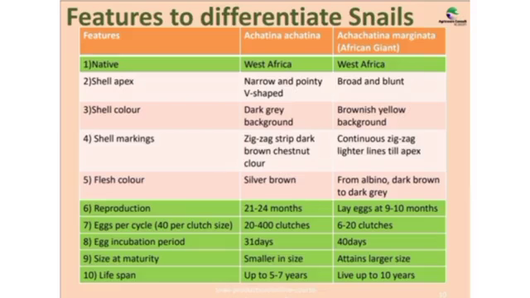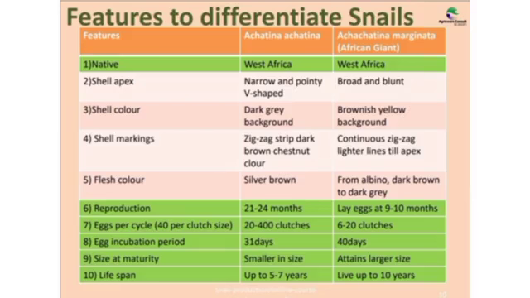So depending on your enterprise goal, if your goal is to increase reproduction, that is, you want an enterprise that reproduces fast, you will go for Achatina.